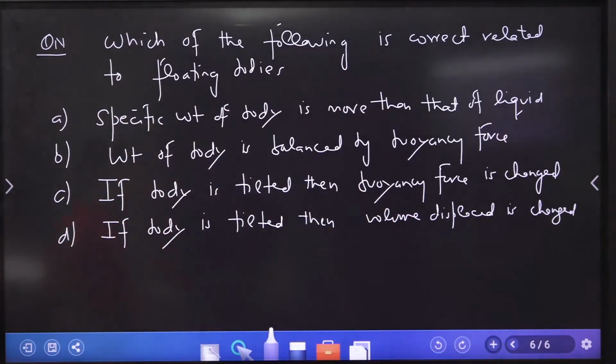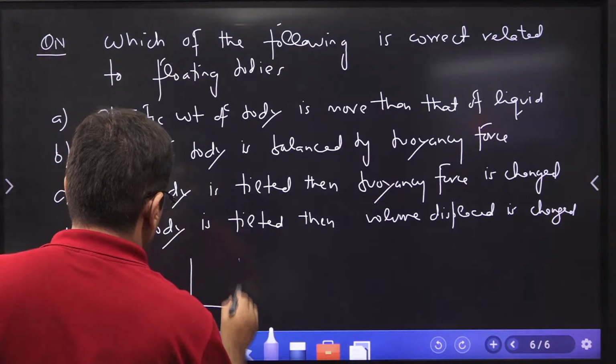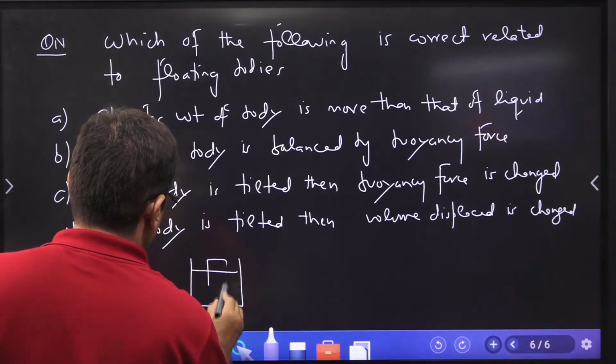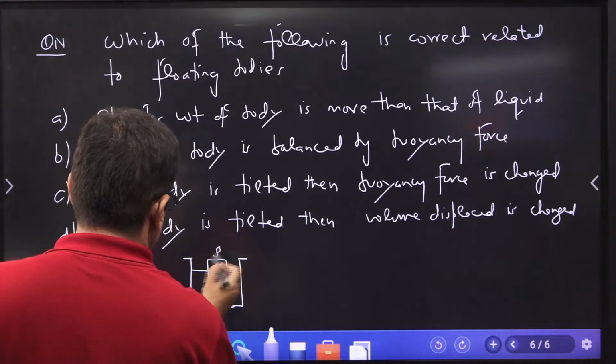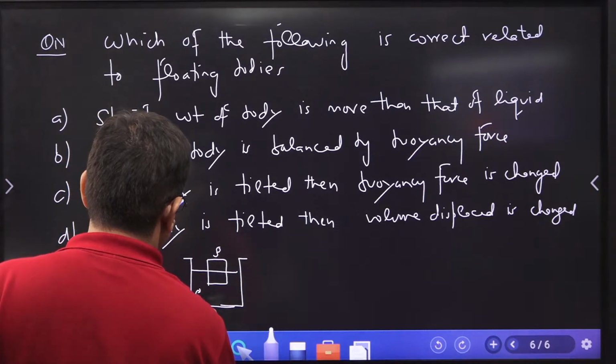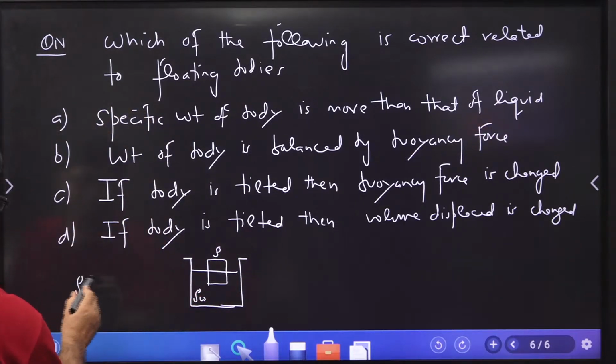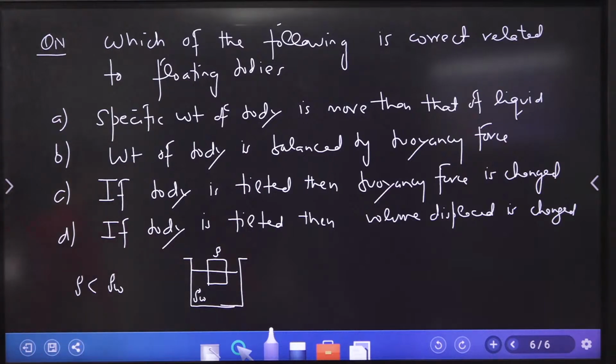Okay, read these four statements. Tell me which one do you think is correct? Specific weight of the body is more than that of liquid. If the body is floating in the liquid, density of the body is rho, density of the liquid is rho w, then the density of the body is less than density of the liquid, then only it is floating.